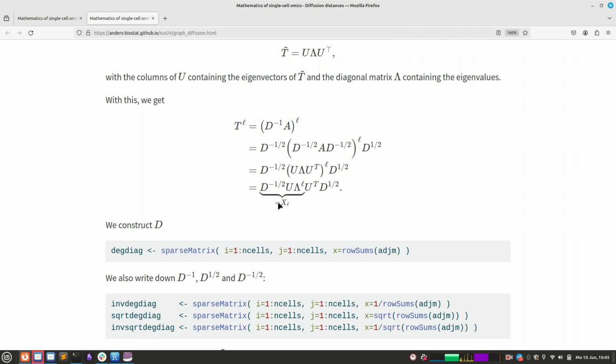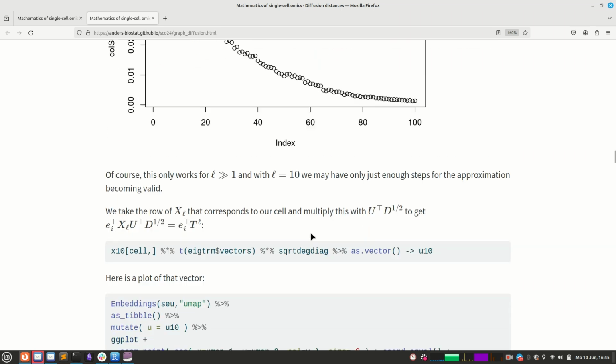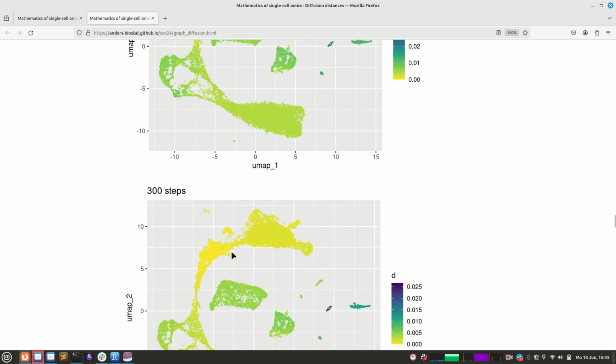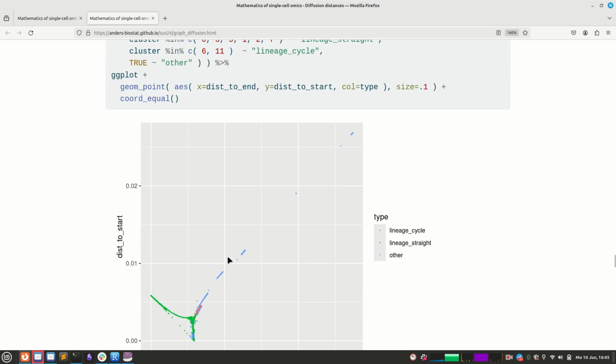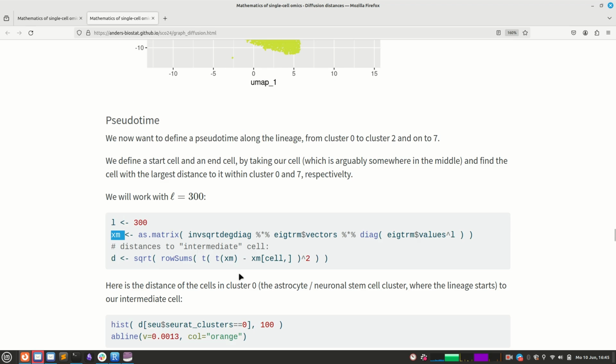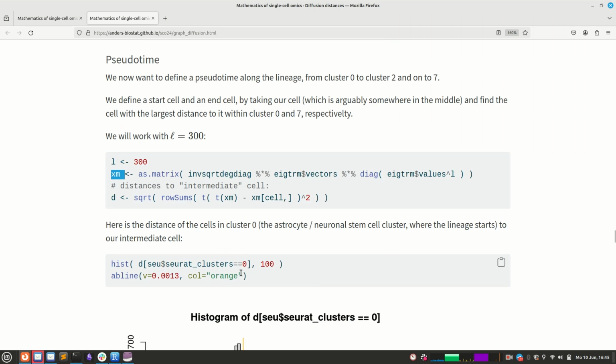And if I want to calculate the distance of 1 cell to another cell, I just take the 2 rows from this XL and look at their Euclidean distance. So this XL matrix contains everything we need to know about our diffusion distance. And once we've calculated it, we can read off all the diffusion distances from it. And how can we now use this to do a pseudotime?